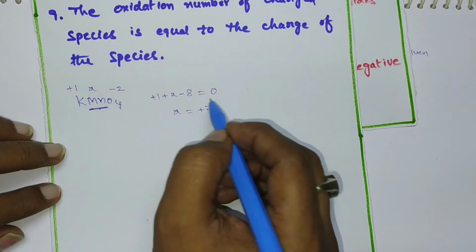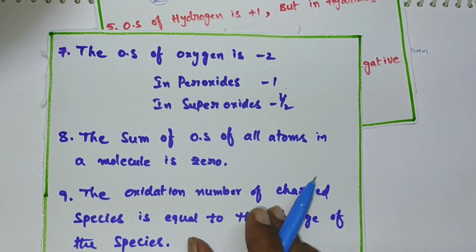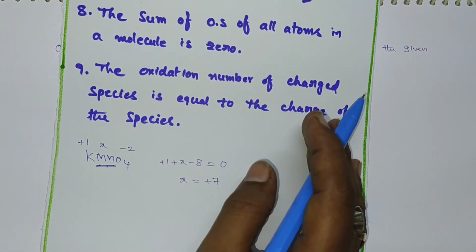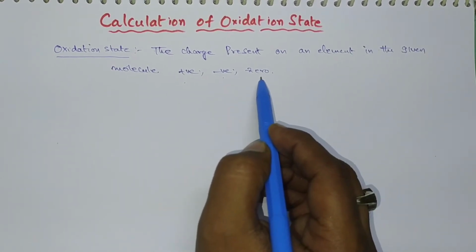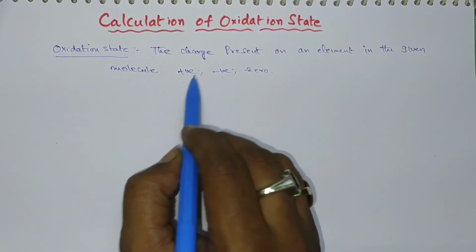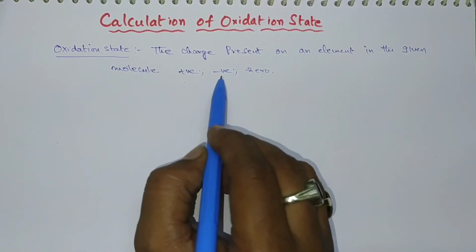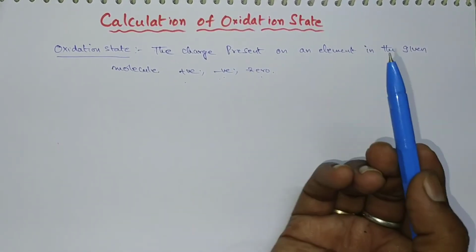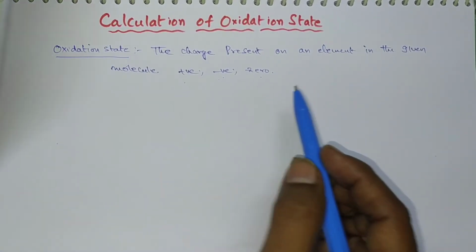Positive oxidation state means it loses electrons, and negative oxidation state means it gains electrons. The oxidation state may be a positive value, a negative value, or 0. 0 means it neither loses nor gains electrons, because it is stable without losing or gaining any electrons.